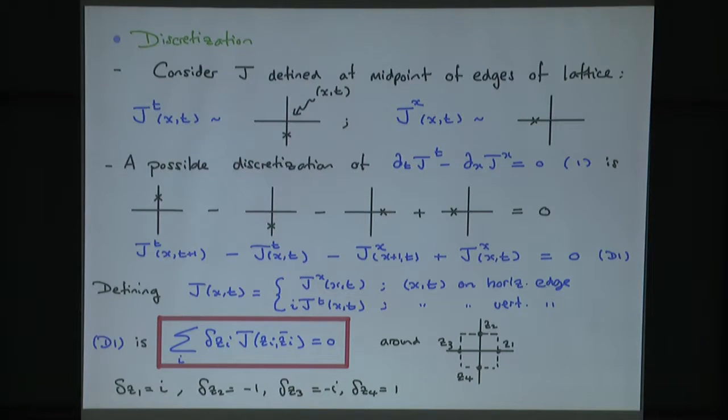So this is the integral version of this discrete holomorphicity condition, or D1. And at various times I want to think about it either as a derivative or as an integral, but when you've got discrete complex analysis, there's no real difference between derivatives and integrals, as you can see.